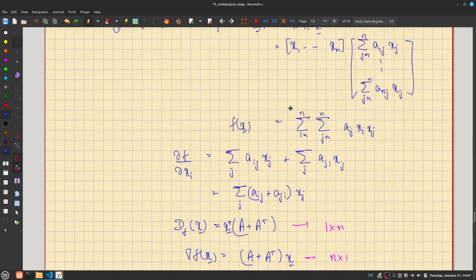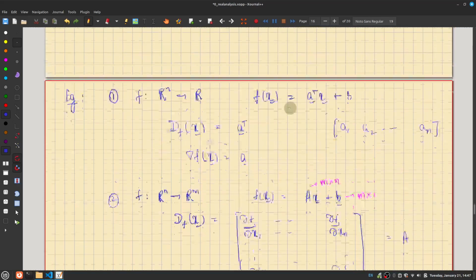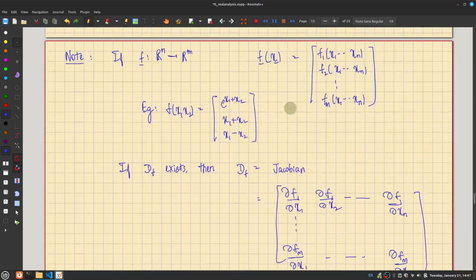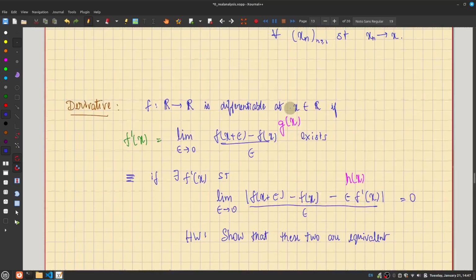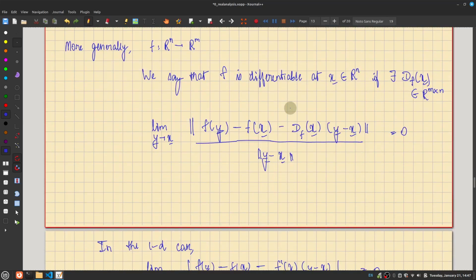And that really comes from the definition of the derivative, where I'm writing df of x times y minus x. Instead, if I define this as df transpose times y minus x, then there wouldn't have been this difference between the derivative and the gradient.